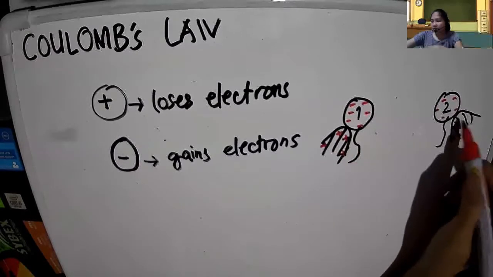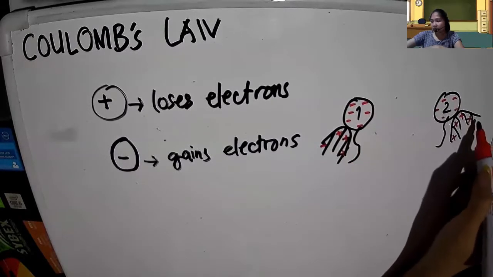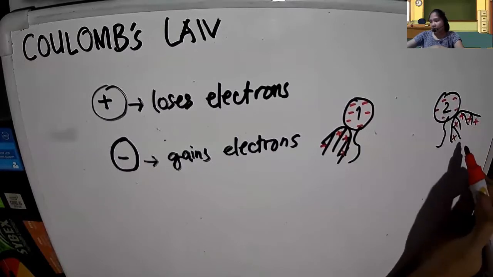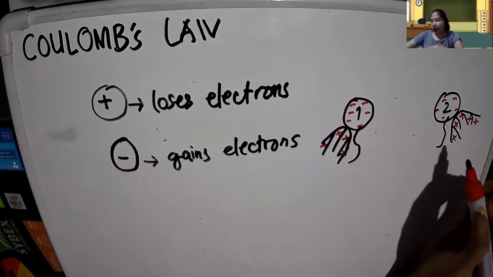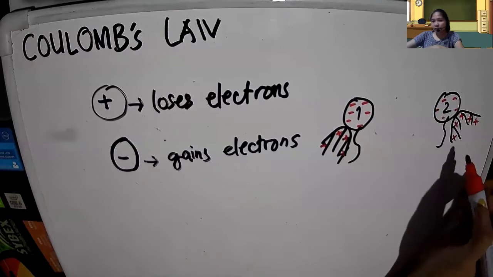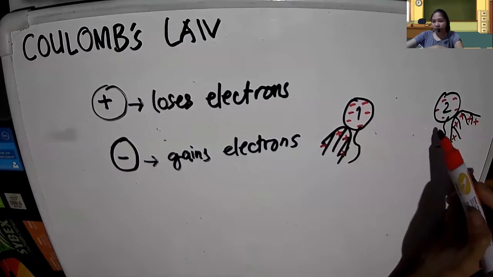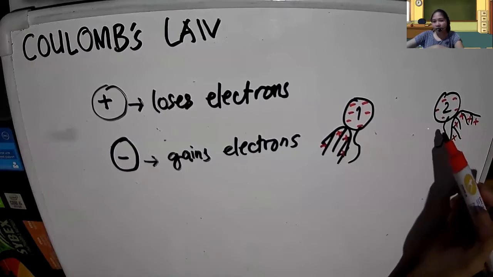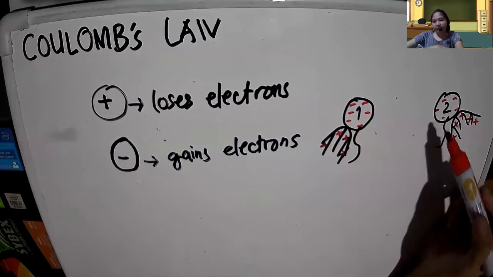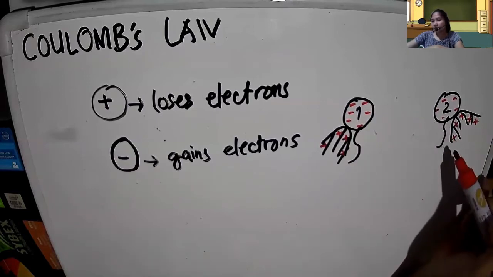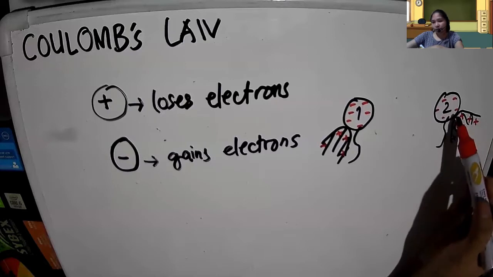So this is based on the triboelectric series, or the rank, that there is more tendency for your hair to lose electrons compared to the rubber balloon. And the rubber balloon has more tendency to gain electrons. So electrons are transferred from the hair to the balloon.